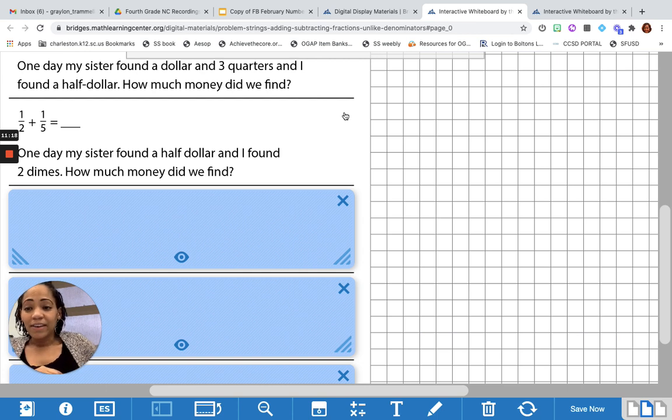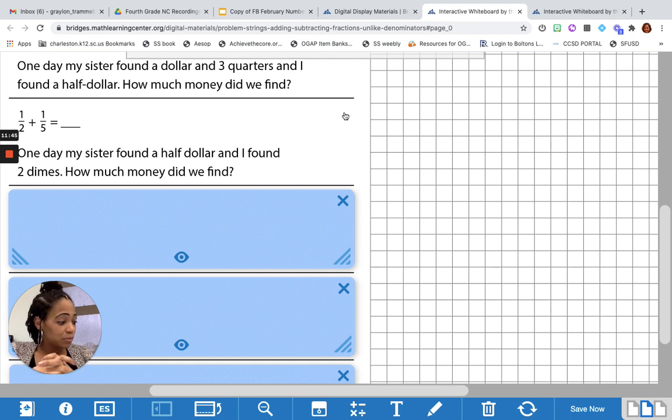Oh, now I have a half plus a fifth, but let's put it in context. Maybe it'll help us think through it. You find half of a dollar one day, and then you find 2 dimes. How much money did they find altogether? That makes it really easy because 2 dimes is worth how much? 20 cents. And half of a dollar is 50 cents.